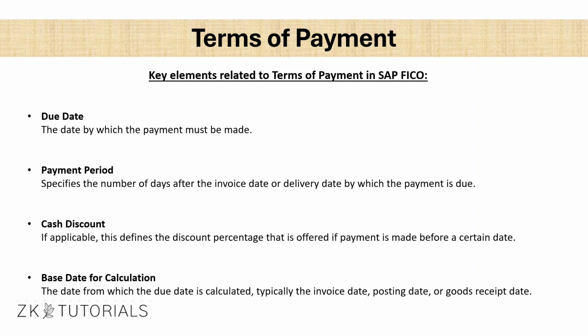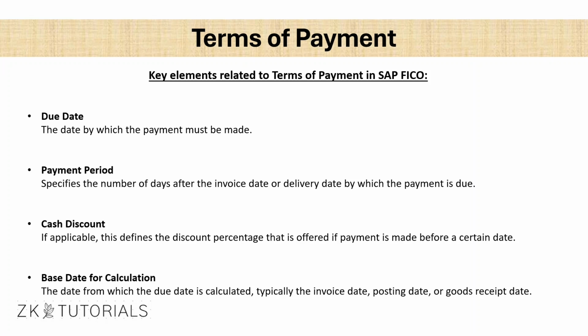For example, we have given 30 days credit to the customer. The invoice can be an open item till 30 days. If he wants to pay, he can pay, but there is an option to pay after 30 days.